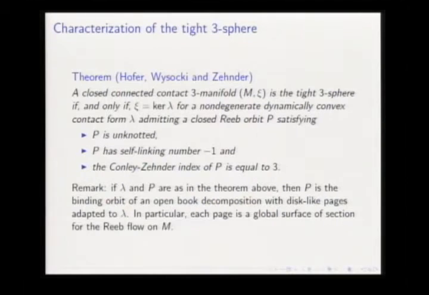And this is a characterization theorem because the converse is always true. It's very easy to prove. The difficult part is to prove that the manifold must be the tight 3-sphere with those conditions. And the proof involves producing an open book with exactly that binding orbit.